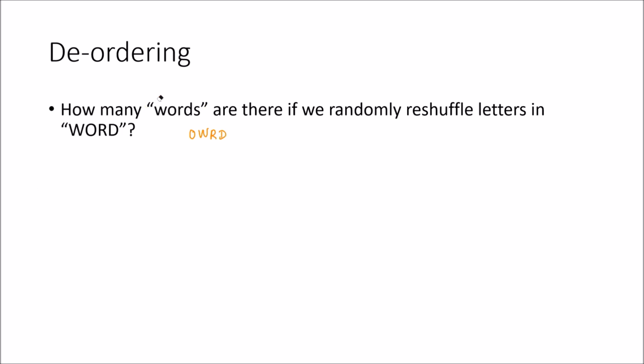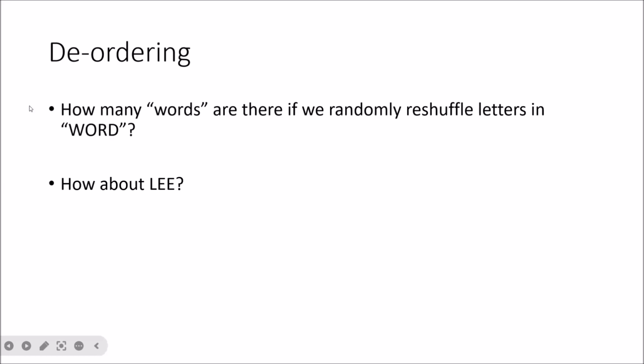All right. So how many words are there? We are ordering 4 letters, and these letters are all different. That is exactly n factorial. So you have 4 factorial for this problem. All the letters in the word W-O-R-D are different. So 4 factorial.